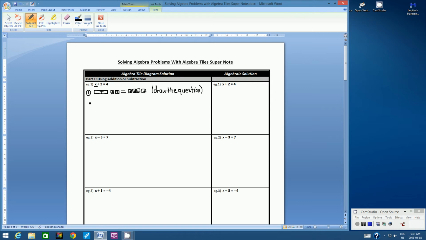In diagram 2, we're going to copy the question and then we're going to start to solve it. I'll give you some strategies on how to do that. So I'm just going to copy my first diagram.